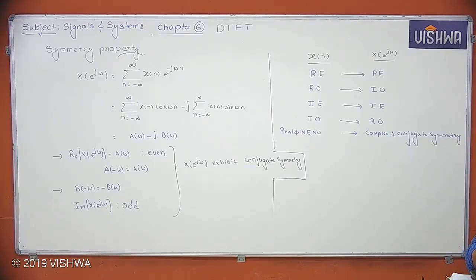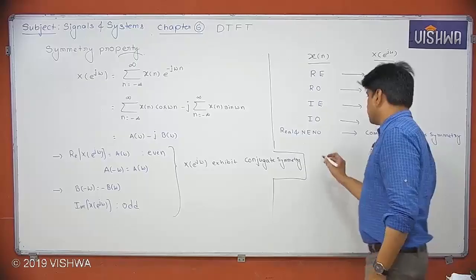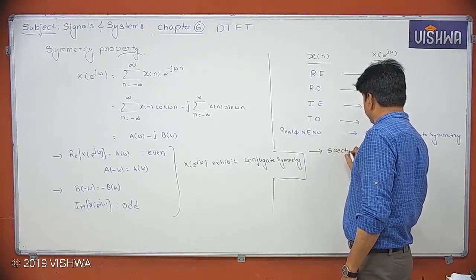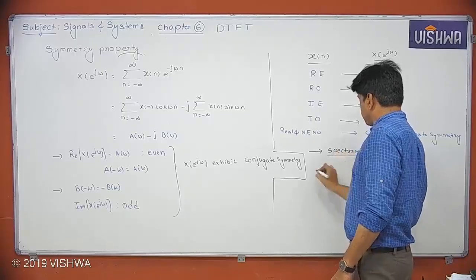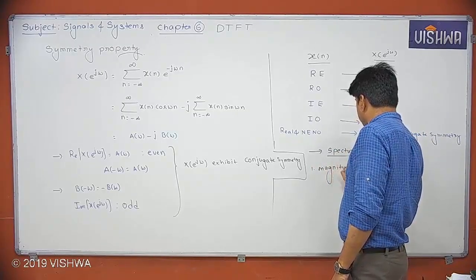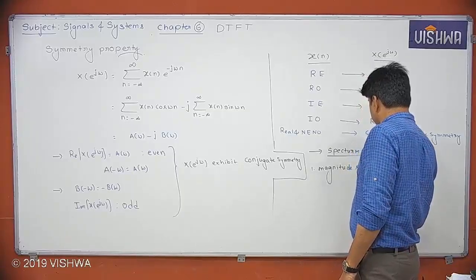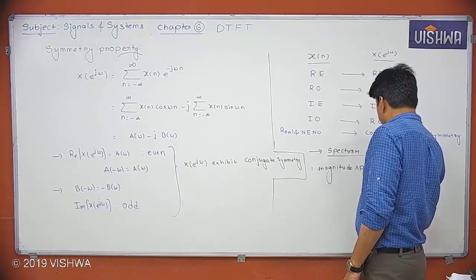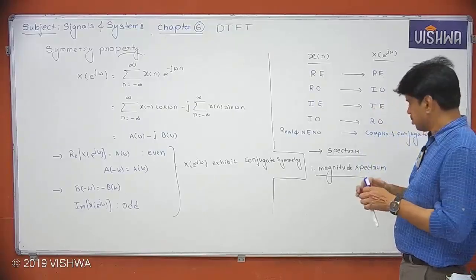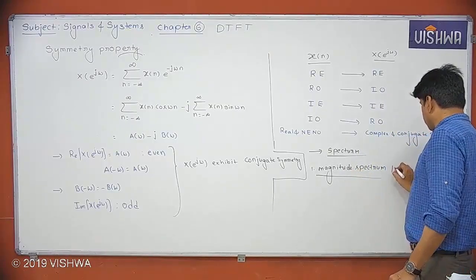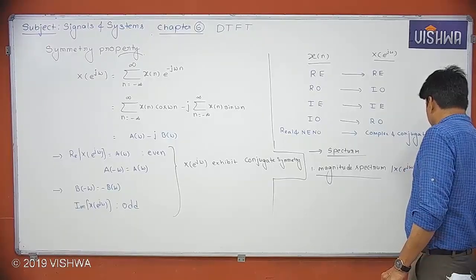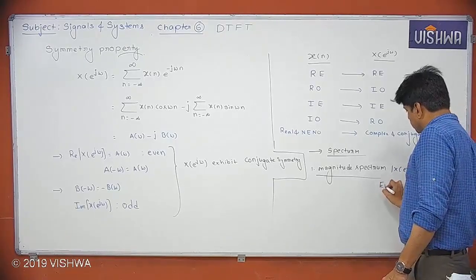And here also we have spectra. We have two spectra. One is the magnitude spectrum, that is mod X of e power j omega versus omega. This is going to be an even function.